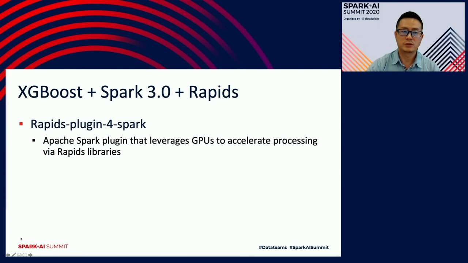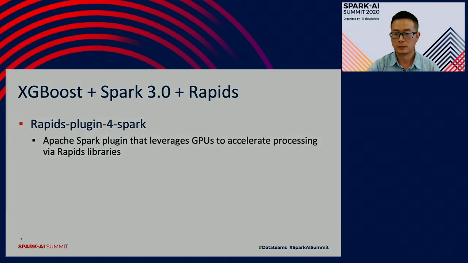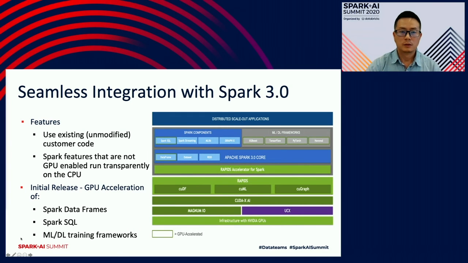Actually, we did this in the RAPIDS plugin project. The RAPIDS plugin is an Apache Spark plugin that leverages GPUs to accelerate processing using RAPIDS libraries, for example, cuDF, RMM. So with the RAPIDS plugin on Spark 3, there are no code changes.